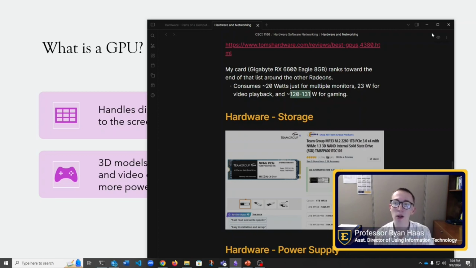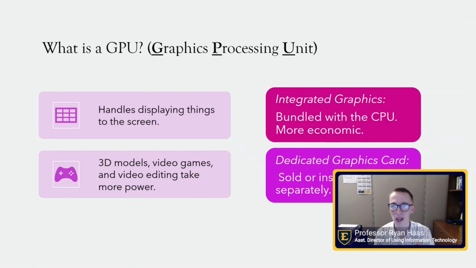So there is a balance, especially when you're looking for laptops. If you need more oomph, if you need to be able to do video editing, really high definition rendering, and gaming, then you have to consider you want to balance the power consumption, because with a laptop, battery is always a concern.